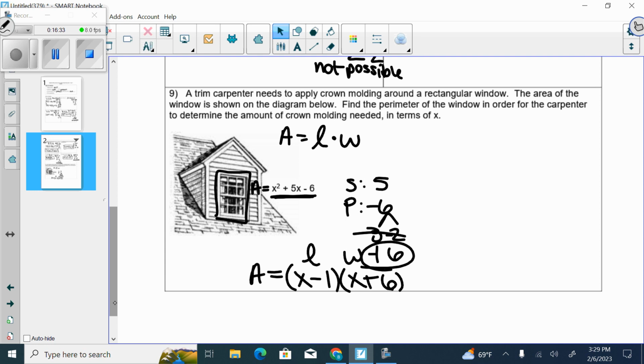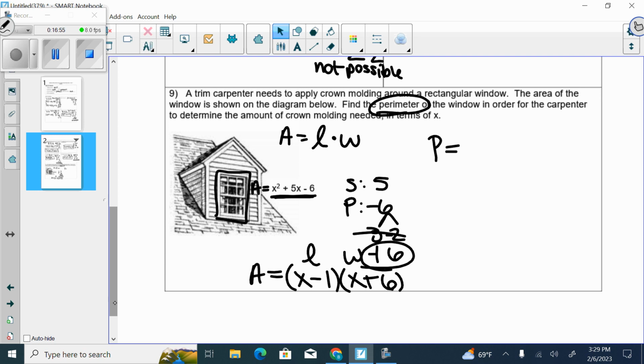Okay, so we found the length and the width for the area, but they asked us to do one more thing. They said that we need to find the perimeter. Well, how do you find the perimeter of a rectangle? We add up all the sides. Good. So perimeter means to add up all the sides.